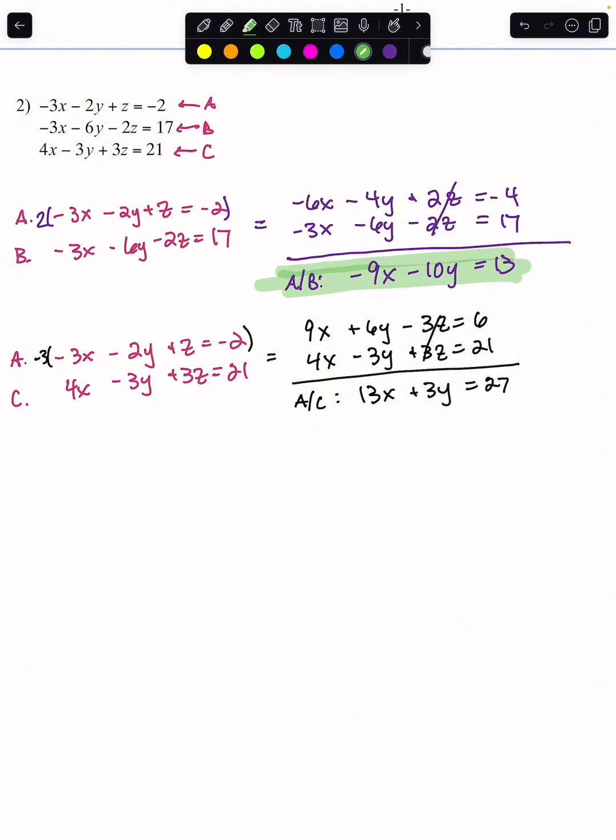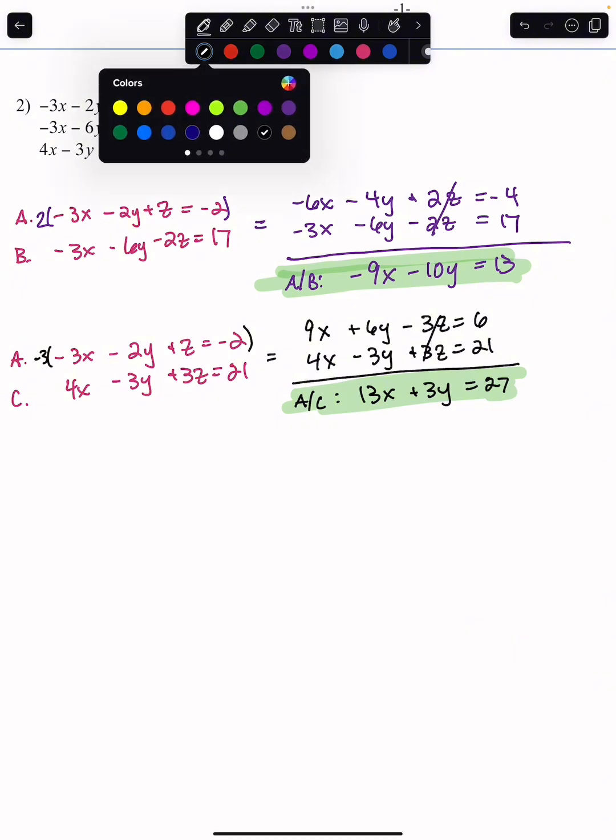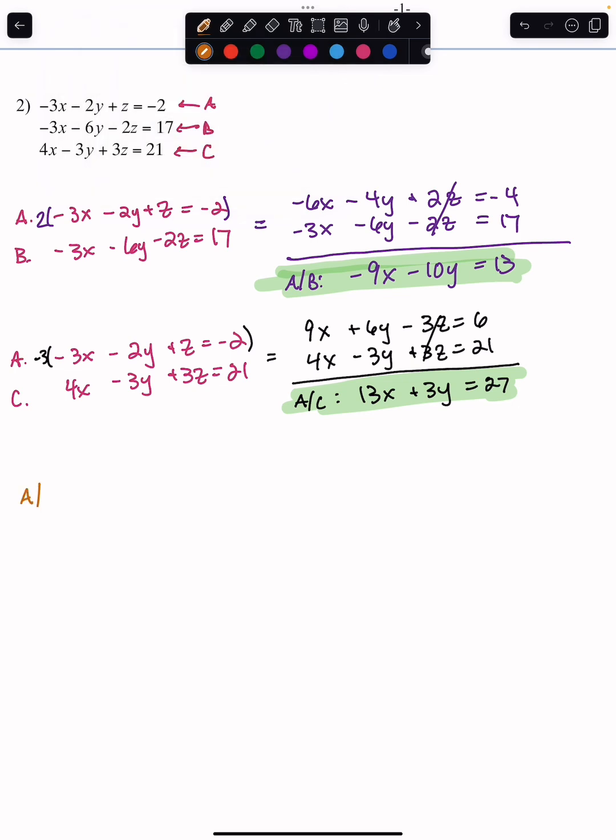There's that. Okay. So now we've got rid of one variable. Now we have to get rid of the other variable. So let's use this. I'm going to write my A and B right here. Negative 9x minus 10y equals 13.